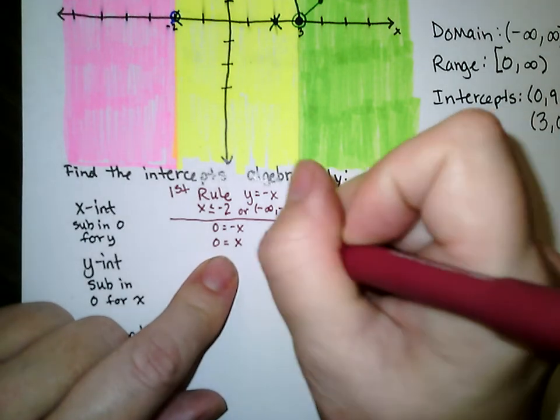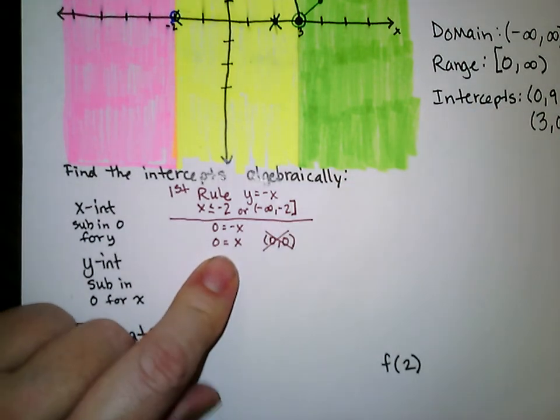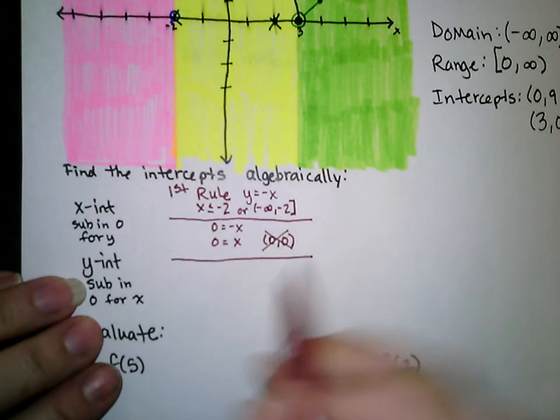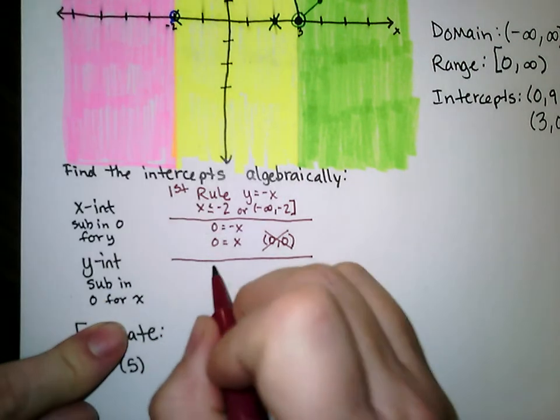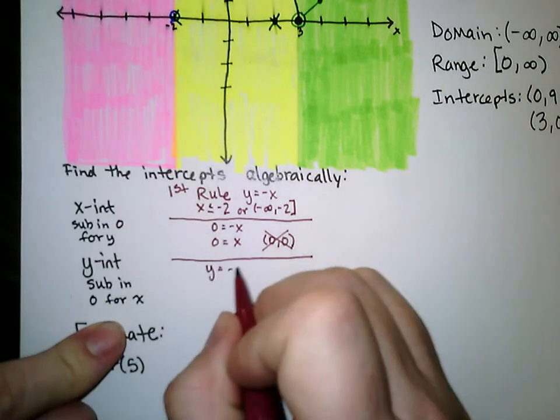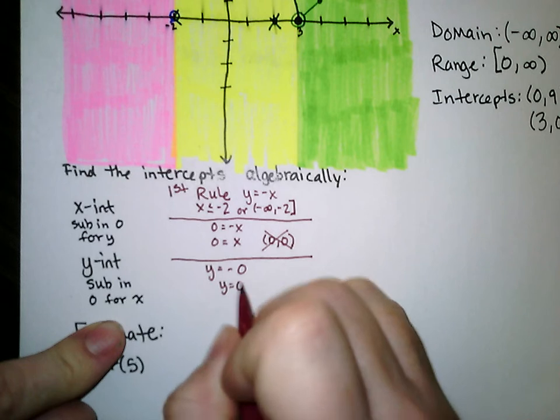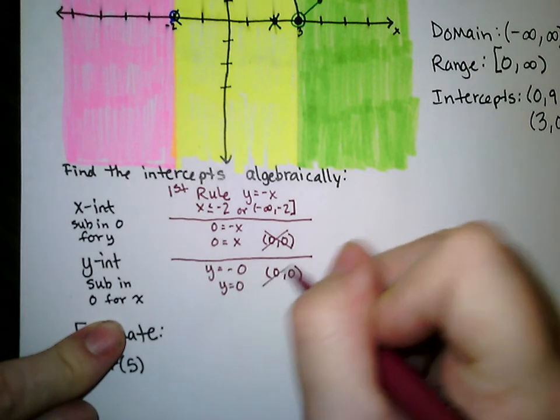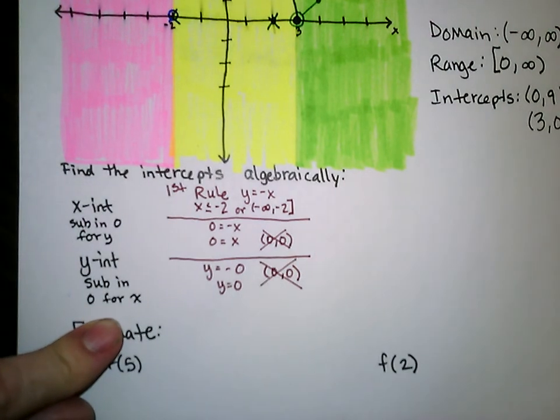So we would not include that as an x-intercept. When we find our y-intercept, put in 0 for x, we get y equals -0, so just y equals 0, which would be (0, 0) as well, and that is not going to count. It's the same ordered pair.